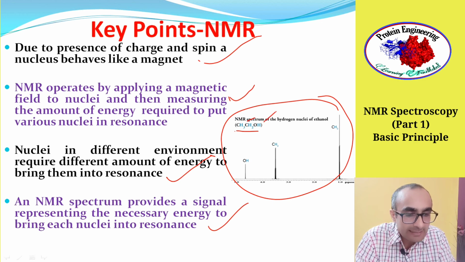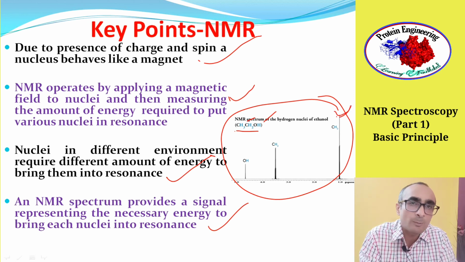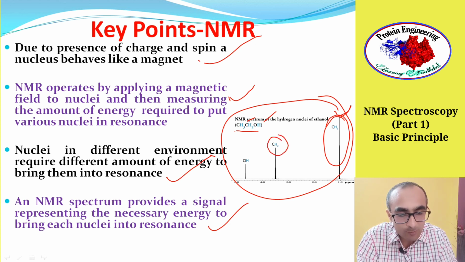So you get 3 signals from the NMR spectrum of ethanol. These 3 signals tell you there are 3 different types of protons in the compound. And you can also see the peak strength: CH3 is the tallest because 3 protons contribute to it, then CH2 with 2 protons is smaller, and the OH proton is just a single proton, giving an even smaller peak.